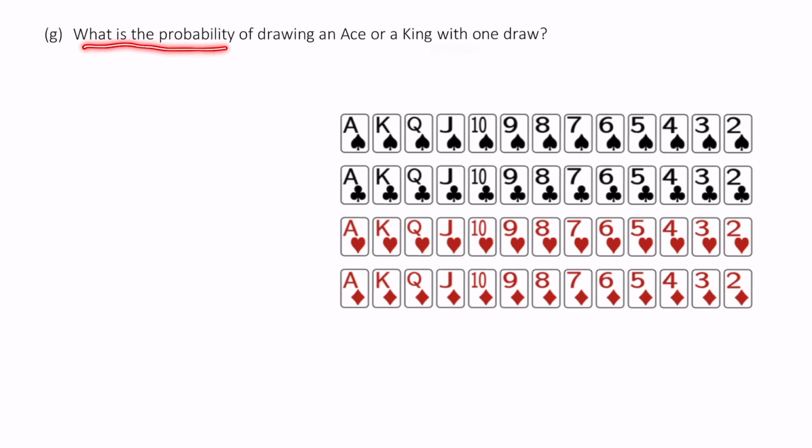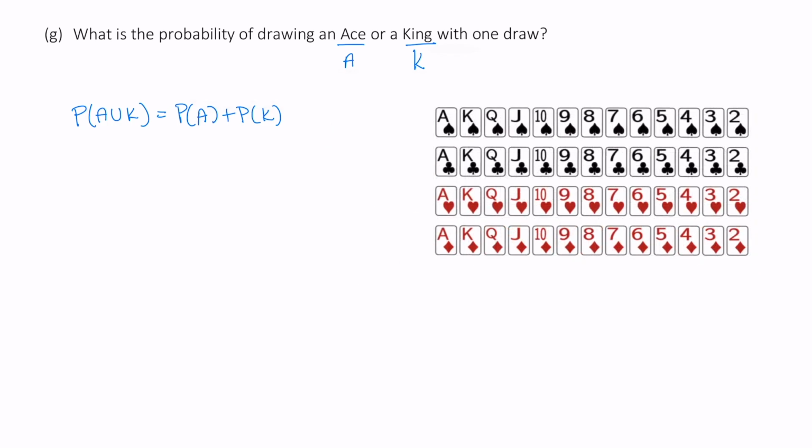Part G, what is the probability of drawing an ace or a king with 1 draw? And again, drawing an ace is event A, drawing a king is event K. Let's go ahead and write this as the probability of A or K. Well, this is the probability of A plus the probability of K. And from that, we subtract the probability of A and K. And remember, in the last example, we noticed that this is 0.